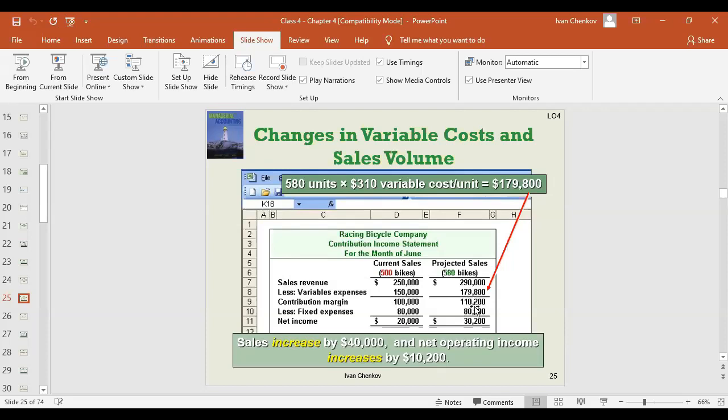Now we added $10,200. Those $10,200 are going to flow directly to our operating income, because we already covered the fixed expense. We were working above break even. Make sense?